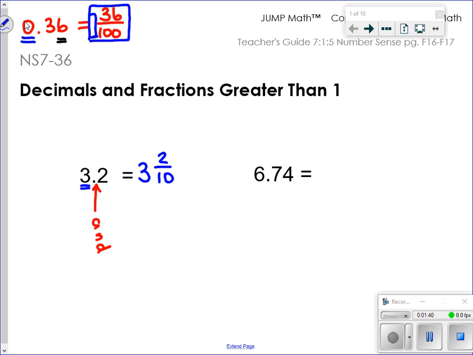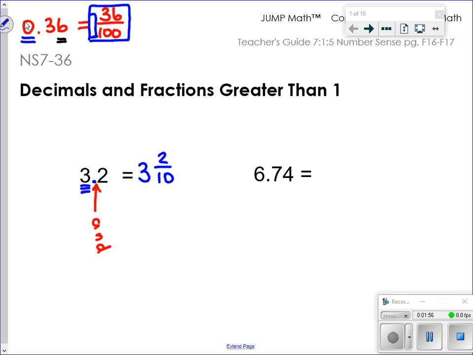I would write it this way as a mixed number. The mixed number shows me that I have 3 wholes and I have a fractional part as well. That's what the decimal tells me as well. I have 3 wholes and I have a decimal part as well, 2/10.